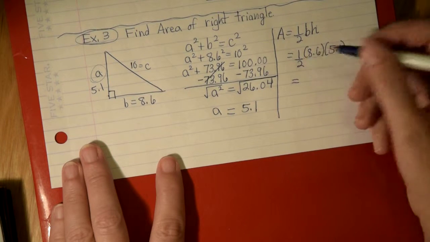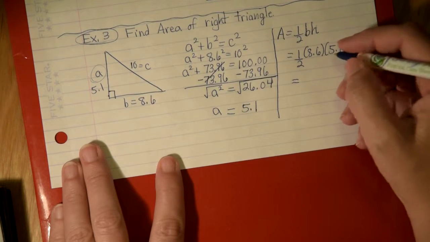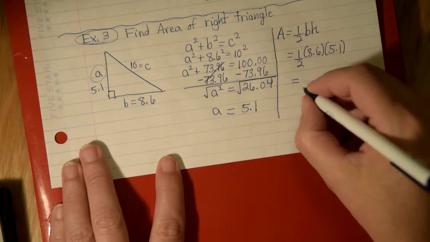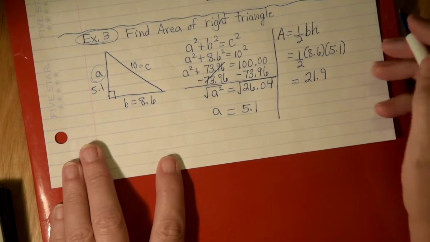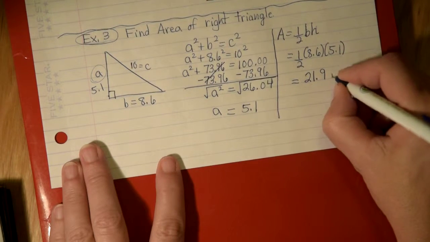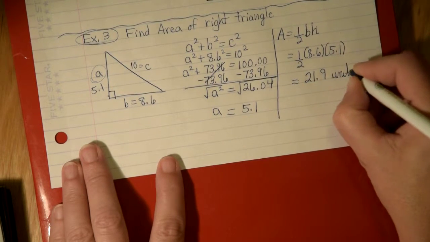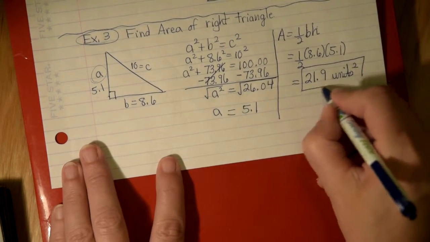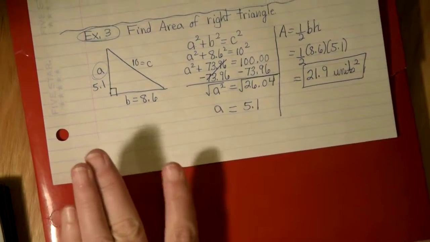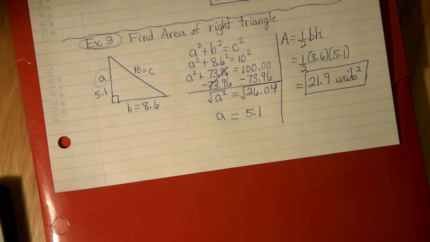And when I multiply that, I get 21.9. I don't have any unit, so I'll just put units squared because it's area, rounding to the nearest tenth. All right, so that's how you find the area of a right triangle.